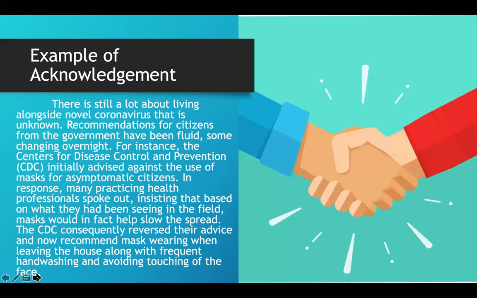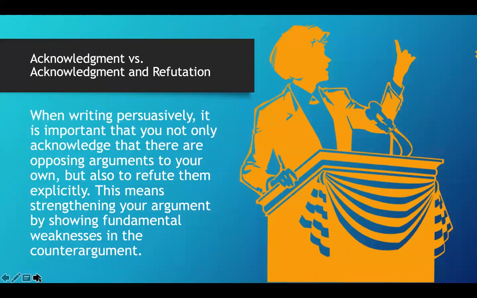Here, the writer is writing to inform, so there's no real argument to be proven here, at least not persuasively, but there is acknowledgement of the fact that issues are not one-sided, and points of issues or aspects of issues are not one-sided. There's usually differing takes on topics. Okay. All right. So acknowledgement versus acknowledgement and refutation.